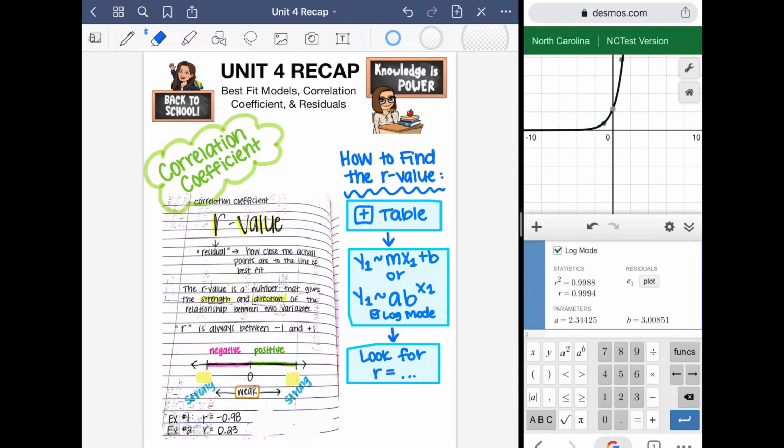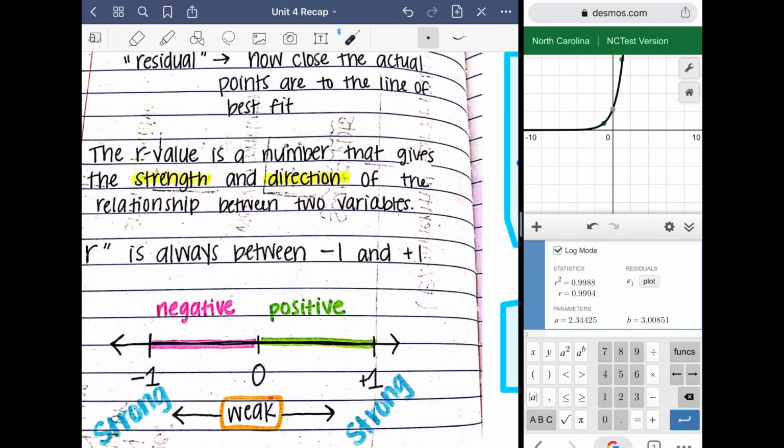So if we created a number line or a scale from -1 to +1, then 0 would definitely be in the middle, and anything less than 0 is a negative correlation, anything greater than 0 is a positive correlation. Now the closer you are to -1 and the closer you are to +1, the stronger that relationship is. The closer you are to 0, the weaker it is.